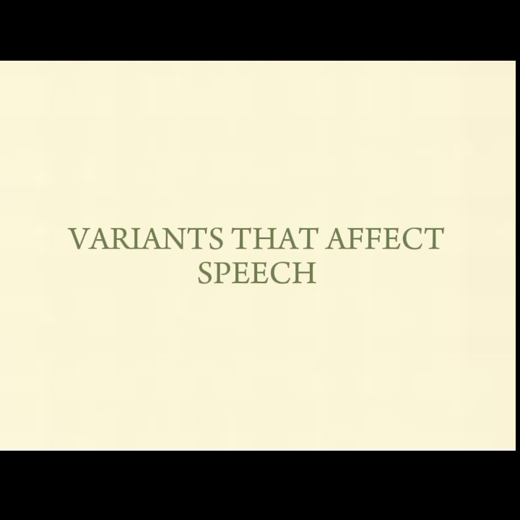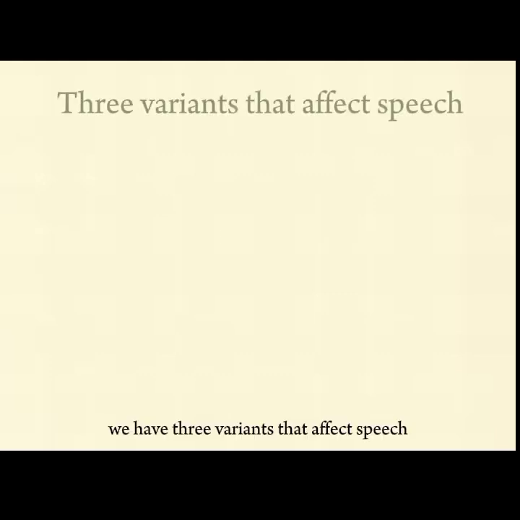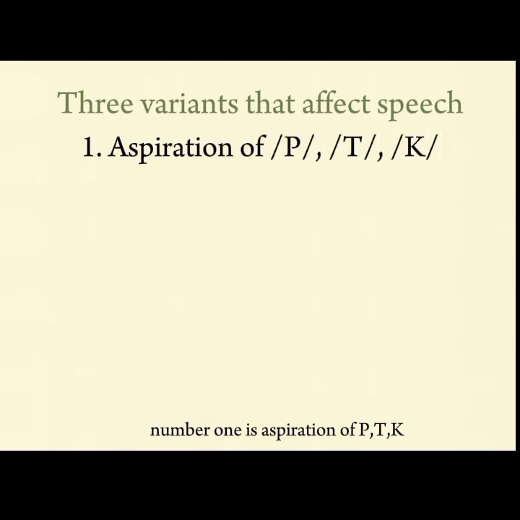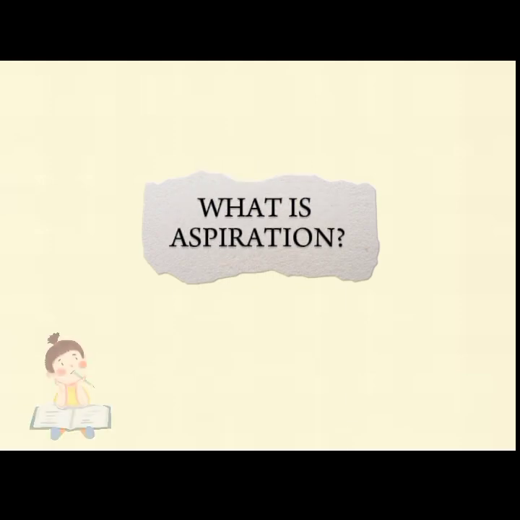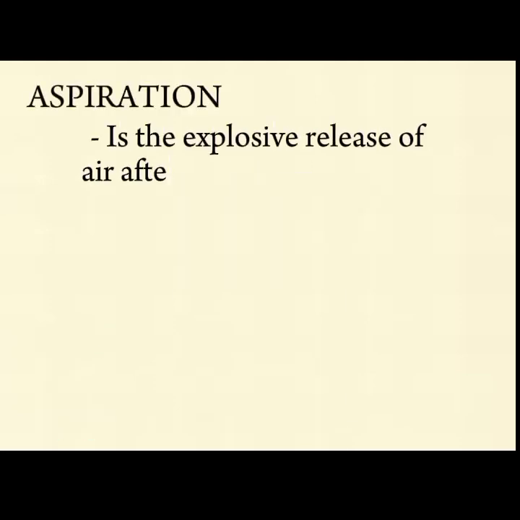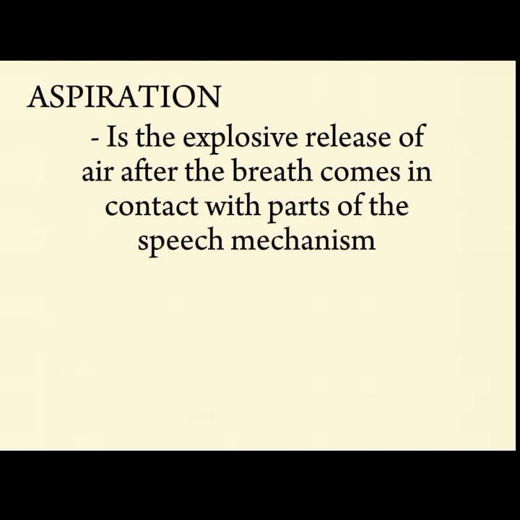So, move po tayo sa variants that affect speech. We have 3 variants that affect speech. Number 1 po is aspiration of p, t, and k. What is aspiration first? Aspiration is the explosive release of air after the breath comes in contact with parts of the speech mechanism.